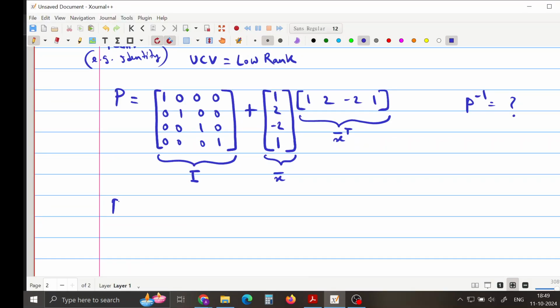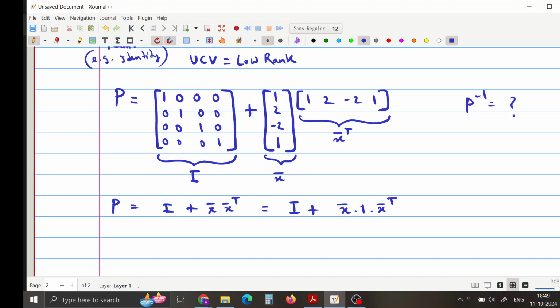And so what is essentially your P? P is identity plus x bar x bar transpose. And I can also write this as identity plus x bar times 1 times x bar transpose.